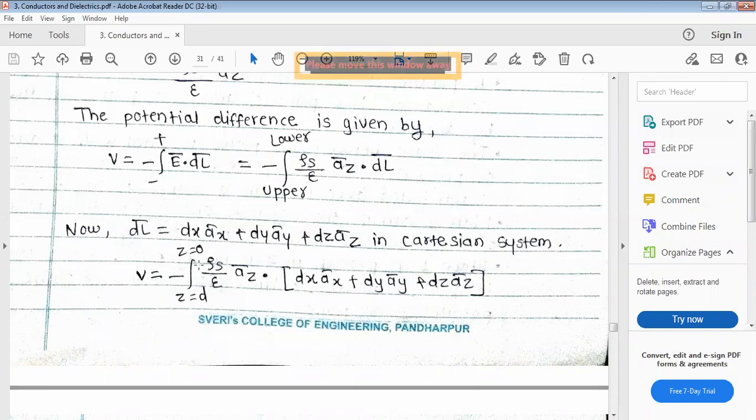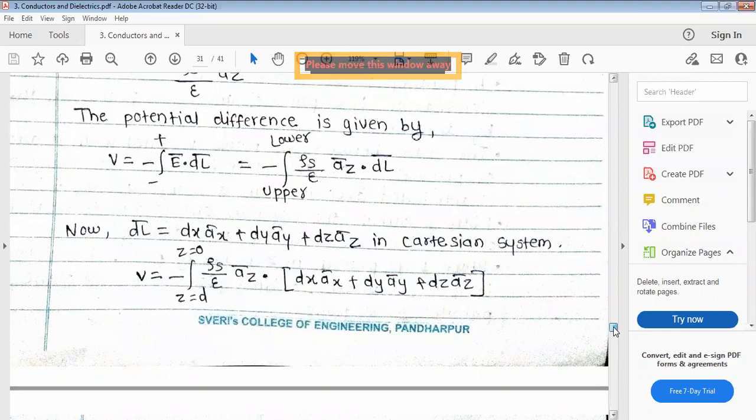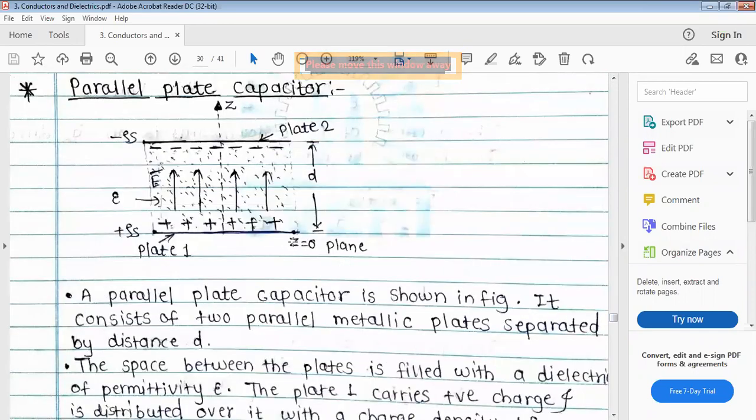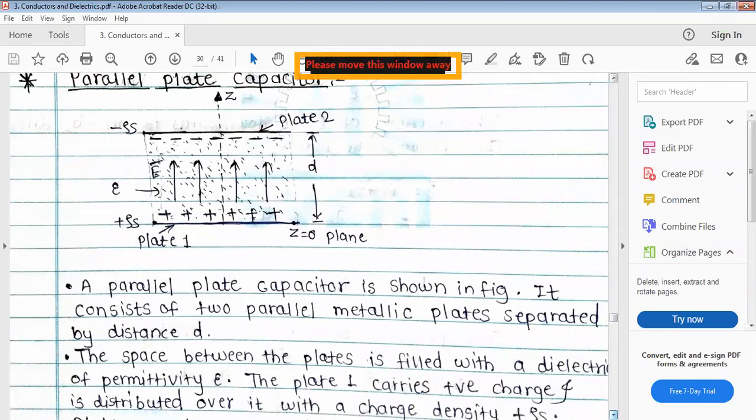Now we have to put just this. So V is equal to minus integration from the upper to lower. The upper is Z is equal to D. Upper plate, plate 2, is placed at Z is equal to D distance, and plate 1 is placed at Z is equal to 0, means in the xy plane at the origin only, and at distance D on the Z axis, this plate 2 is placed.